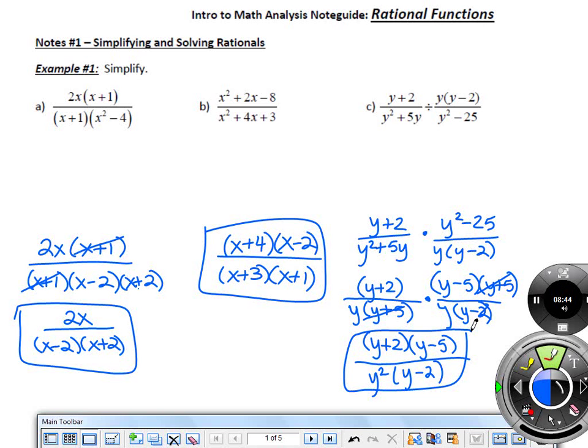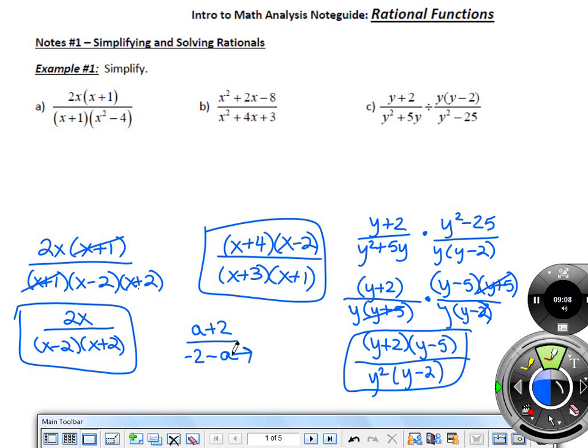Sometimes you'll get something like this, okay? So your first step should be to rewrite this denominator in the order you would want it in, which is variable first, constant second.